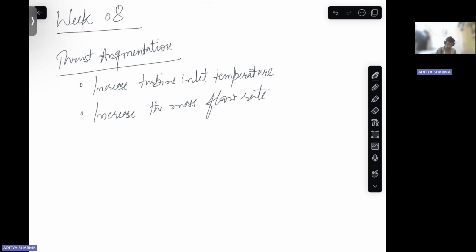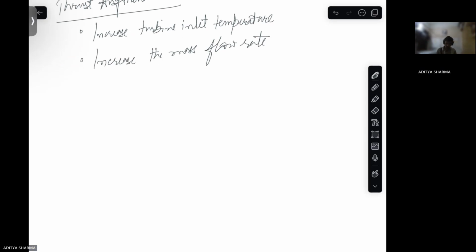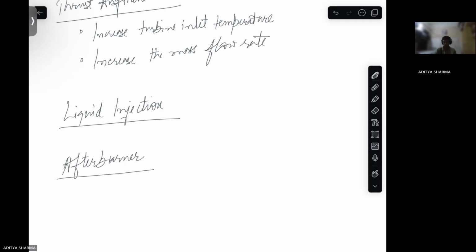Then in thrust augmentation, there are two more discussions. One is liquid injection. One is afterburning. We keep our discussion very brief because we have a very lengthy numerical to solve. These two are there.